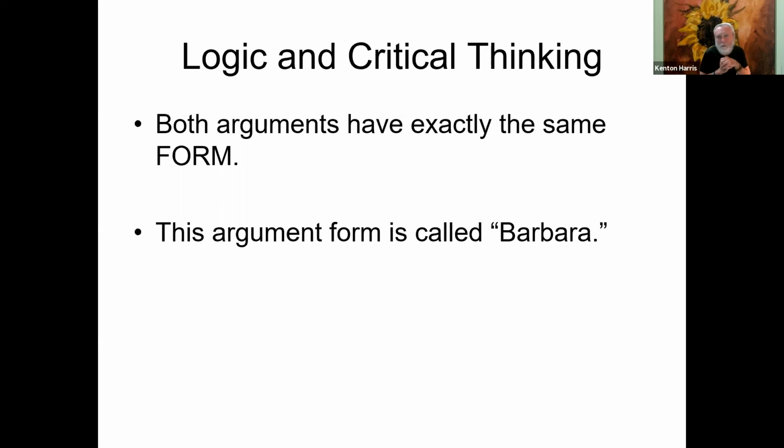Barbara consists of three universal affirmative claims, and universal affirmative claims were called A claims. So it's three A's. All A is B, all B is C, therefore all A is C. They take the three A's and turn it into a name, and that was Barbara.